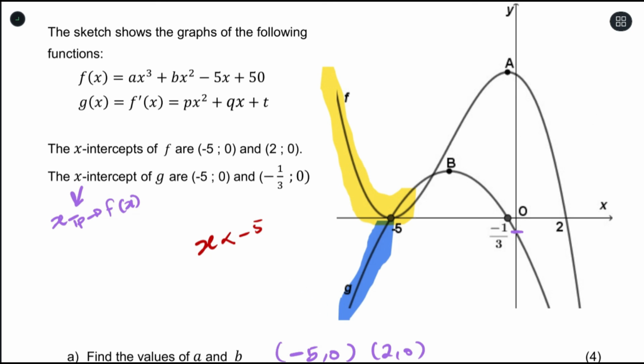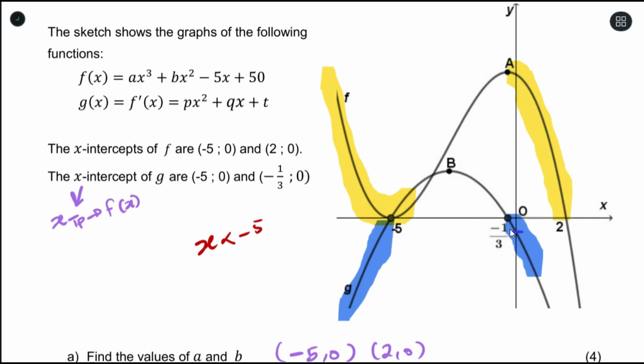Now we need to continue with this trend. We'll notice that g moves into the positive and is still positive until we get to this point again, where g goes into the negative. f is still positive there, and it stays that way until it gets to 2, where both of them are negative.